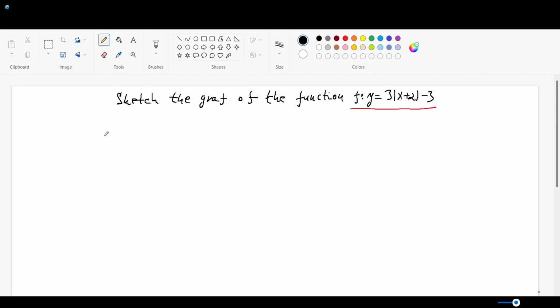As I said during the lessons, the first step when you try to sketch the graph of such a function is to find something which we called zero point, or you can call it key point or critical point.